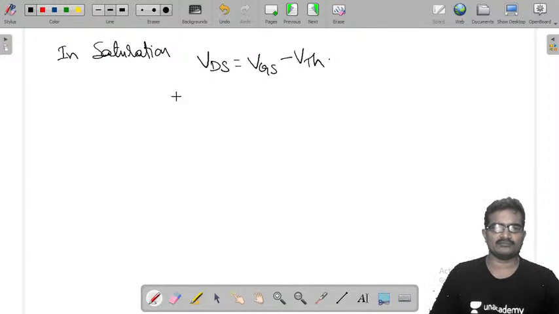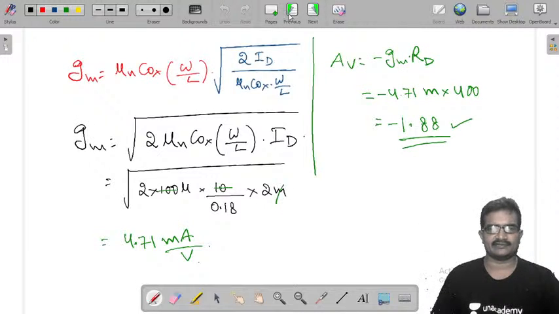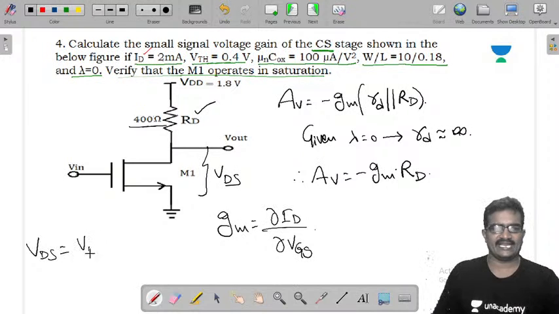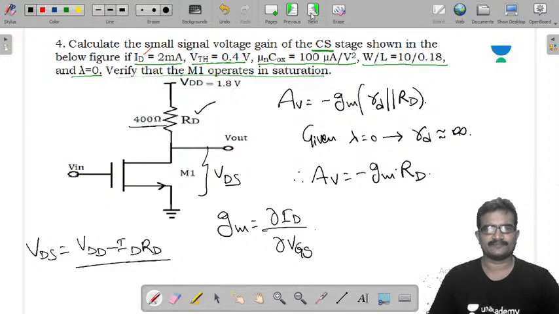From this problem, they given the circuit diagram. See this. Just take this circuit. From this is our VDS. VDS is VDD minus ID into RD. Now just write down that.